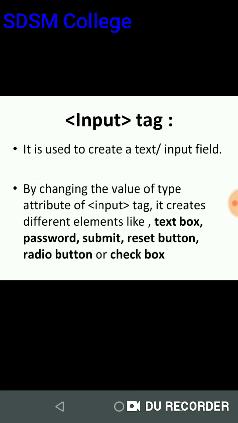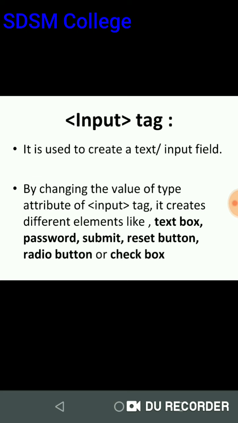In the form tag, we need to use one important tag, that is the input tag. The input tag is used to create a text or input field. That means when you want to design a text input field or any other input field, we can use the input tag.